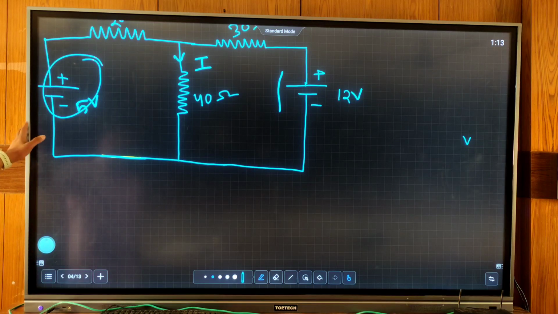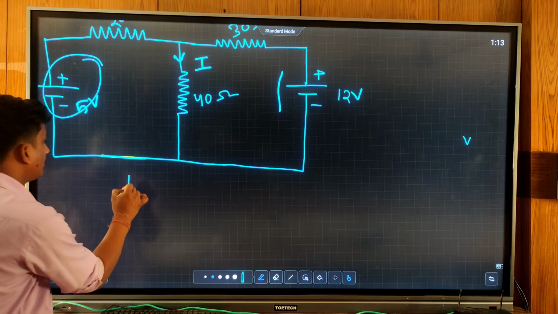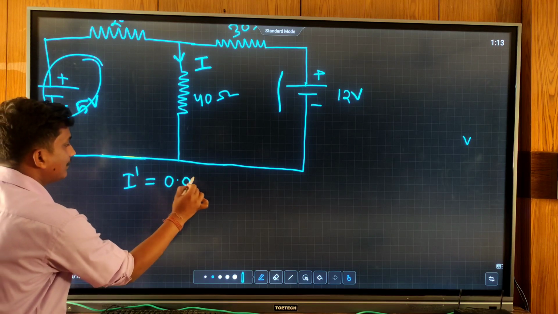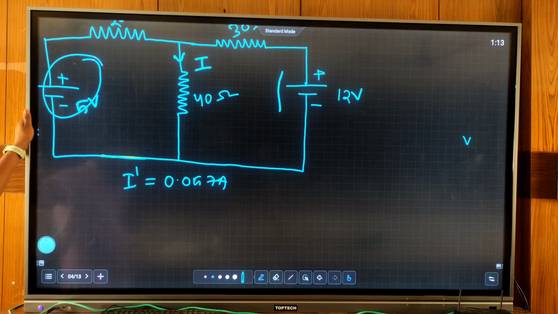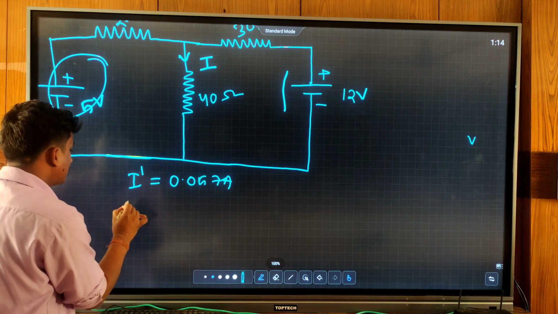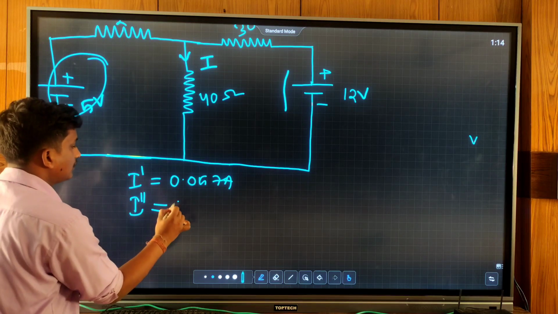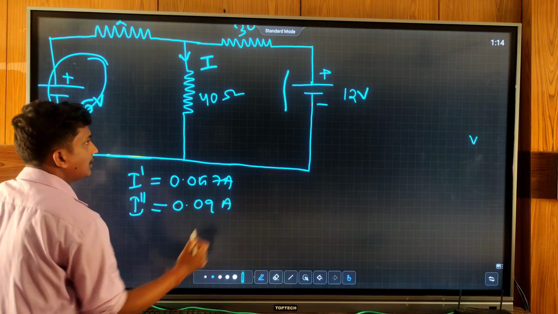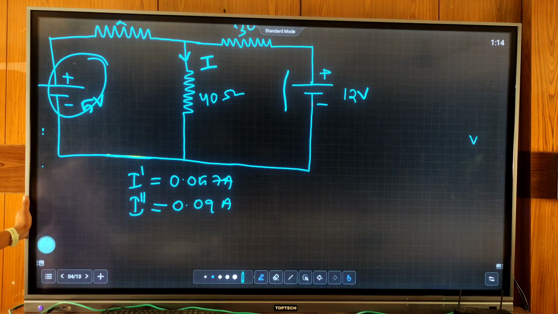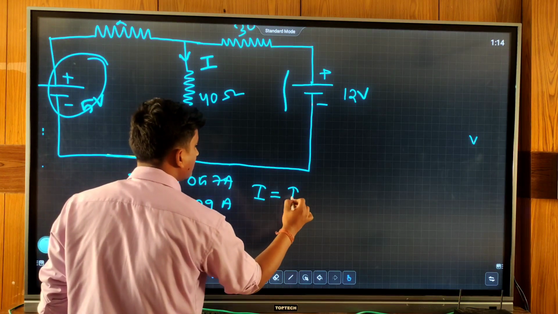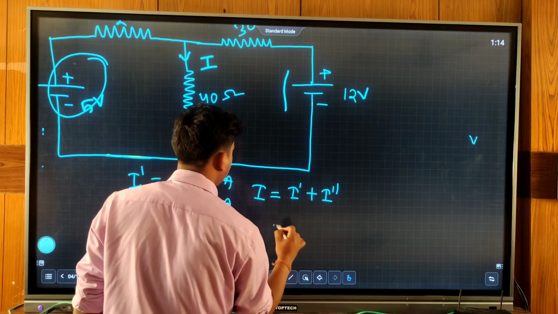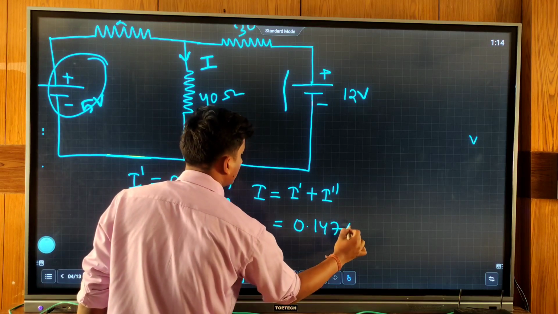First I consider the 5 volt voltage source and calculate I dash, which is equal to 0.057 ampere. Then I consider the 12 volt voltage source and calculate I double dash, which is 0.09 ampere. Then according to superposition theorem, I add I dash and I double dash. The net current will be I dash plus I double dash, which is equal to 0.147 ampere.